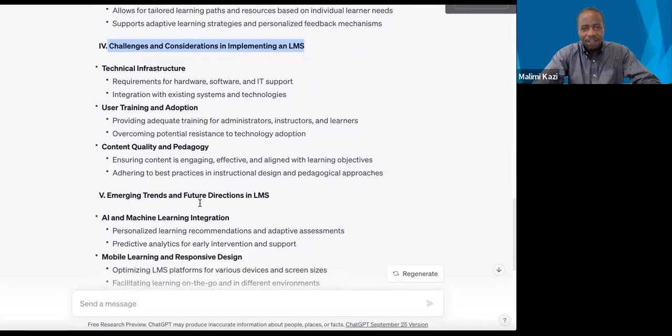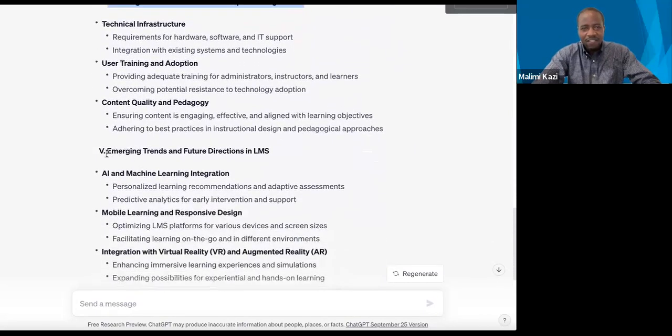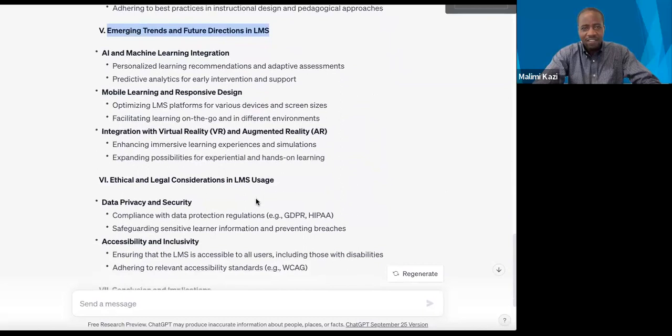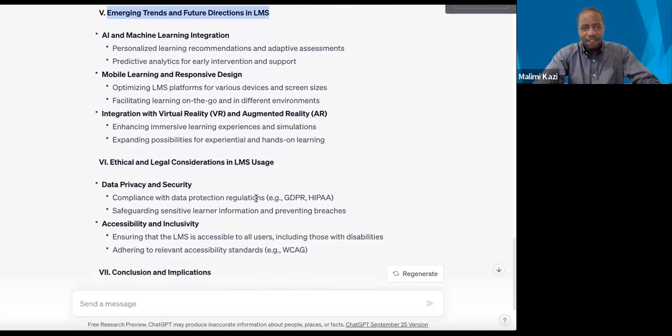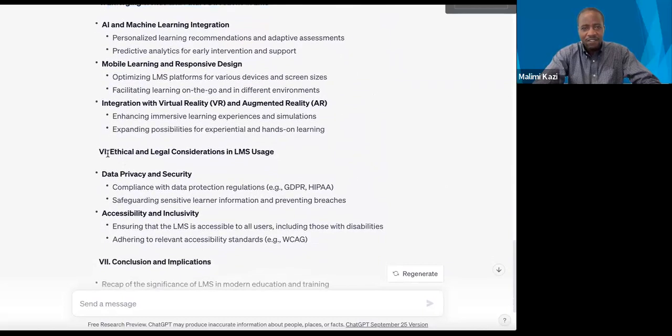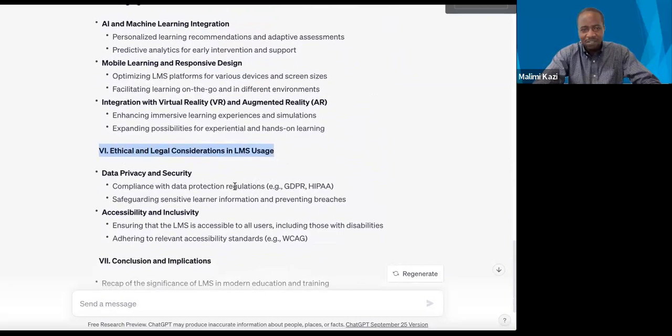Also, it included the emerging trends and the future directions of learning management systems. And it went on highlighting a few ethical and legal considerations when using learning management systems.